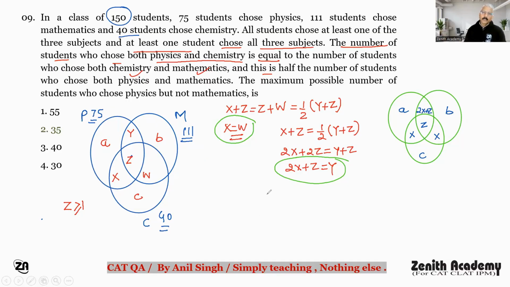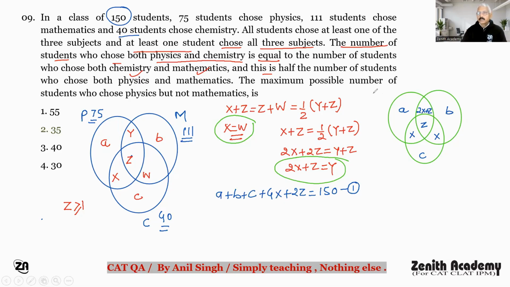Now you see, this will be easy. Total students 150, so A plus B plus C, X, X is 2X, plus 2X is 4X, plus Z plus Z is 2Z. This is equal to 150, equation number 1.